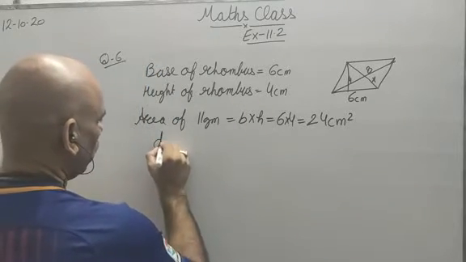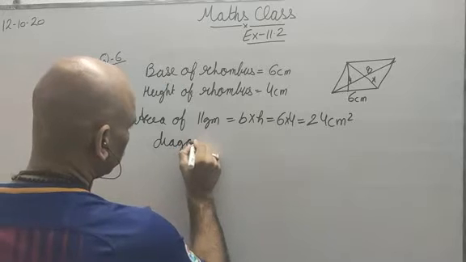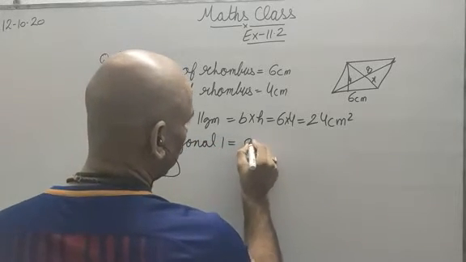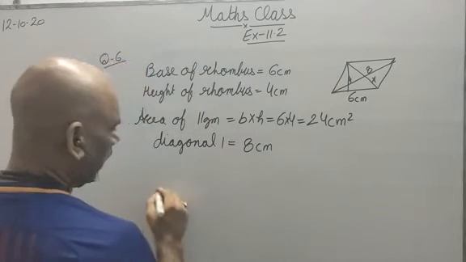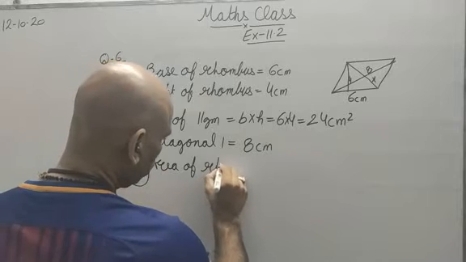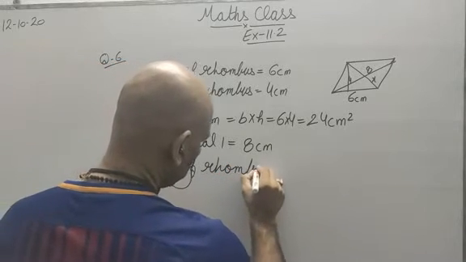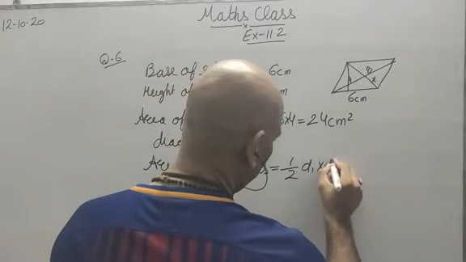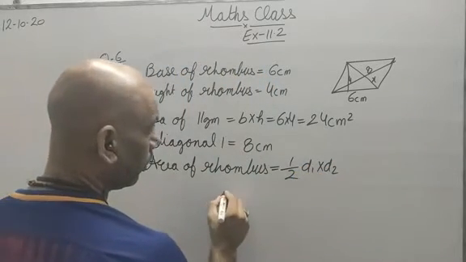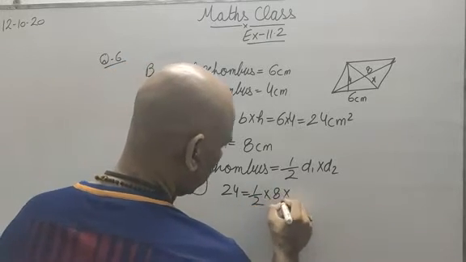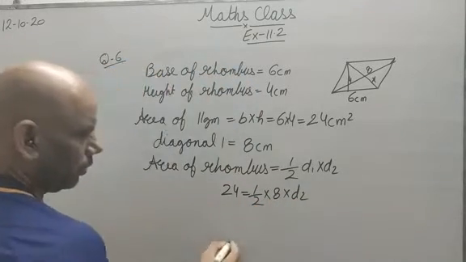Now diagonal 1 is 8 centimeter, and the area of a rhombus can be calculated by half d1 into d2. Area of rhombus is 24, half d1 is 4, and I want to calculate d2.